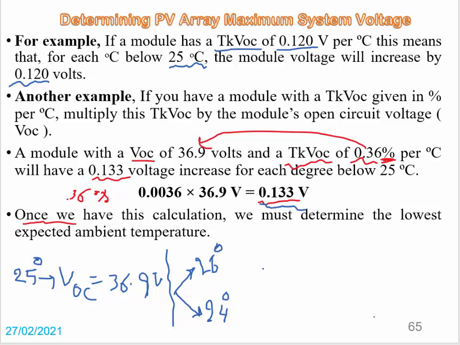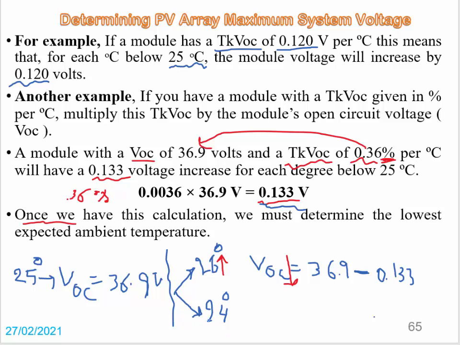So in this case, because the temperature increases, V open circuit equals 36.9. This is for 25 degrees Celsius. So when the temperature increases, the voltage decreases, so we say minus 0.133.